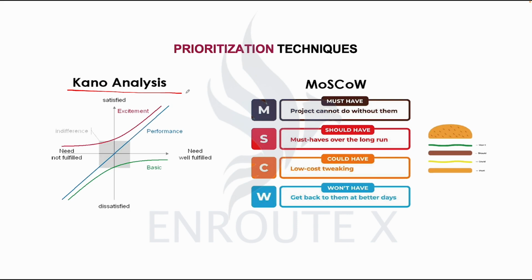It is that technique of prioritization that focuses on features. The core concept of Kano analysis involves classifying features into several categories based on how they affect customer satisfaction.